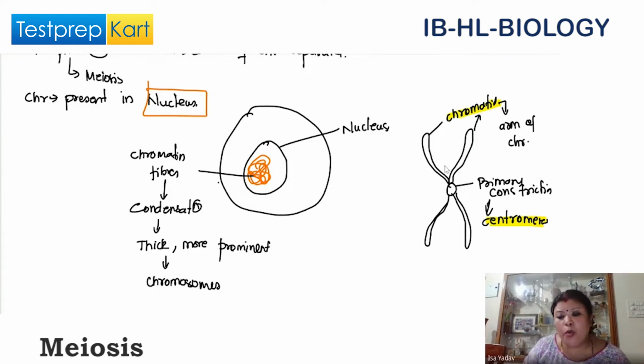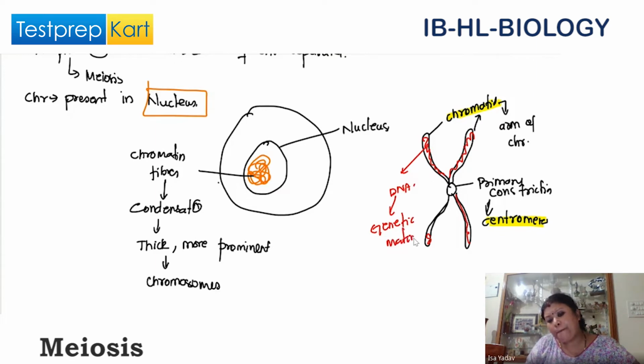Inside this chromosome is a highly coiled DNA. DNA is called the genetic material. DNA is called as what?